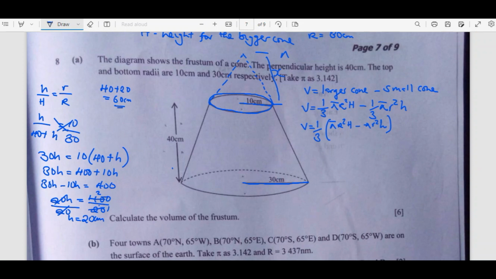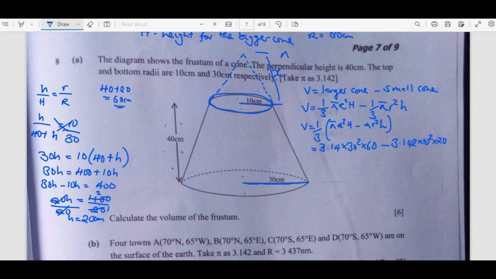So we can substitute now. Pi has been given, which is 3.142, and then we multiply by radius 30 squared, times the height, which is 60, and then minus 3.142 times the small radius, 10 to the power 2, and then the height for the small cone, which is 20 there.